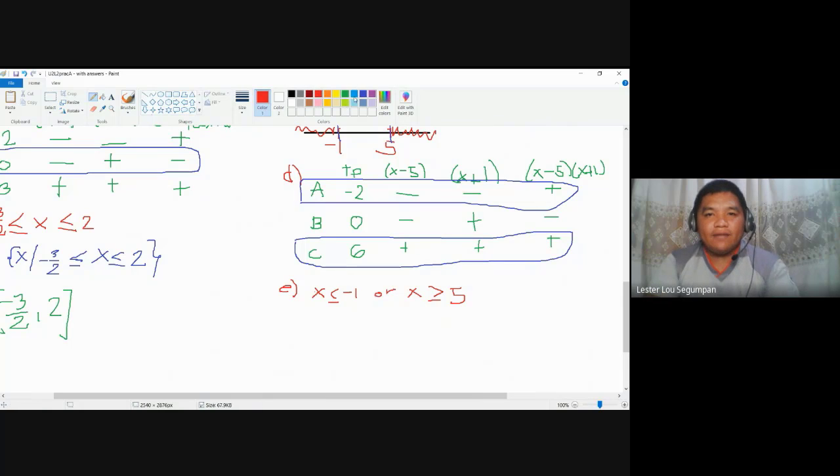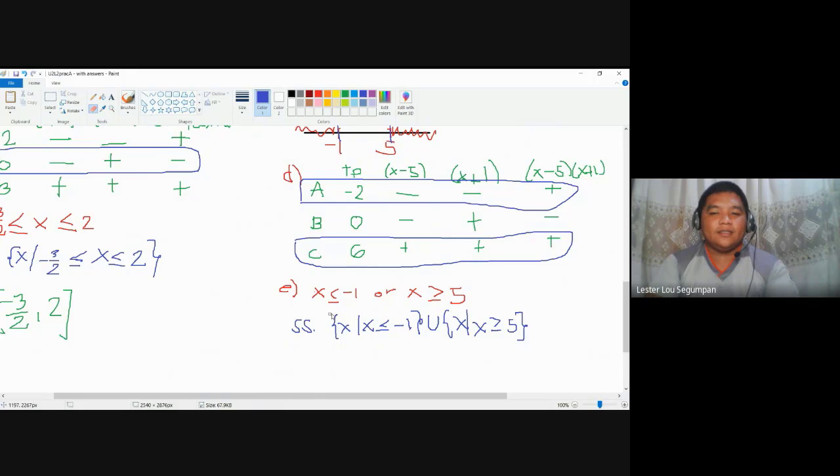And then let's have our solution set. The solution set is a set containing x such that x is less than or equal to negative 1, the OR becomes union, x such that x is greater than or equal to 5. Okay.